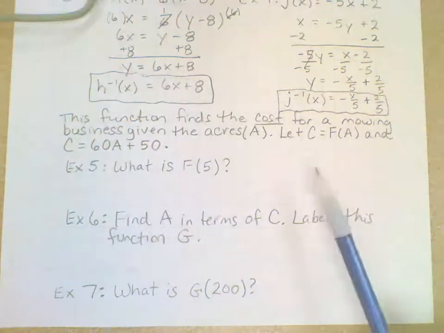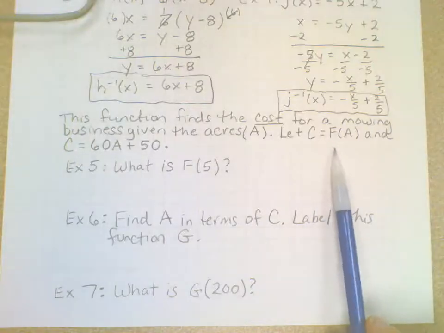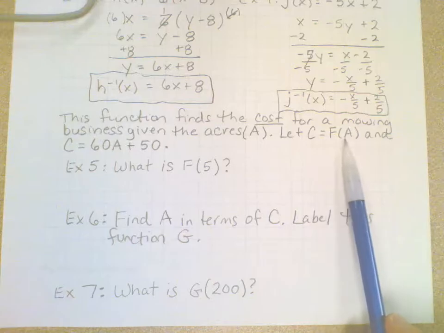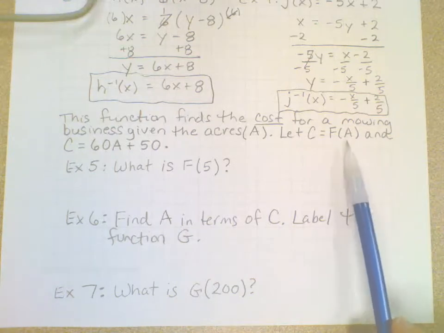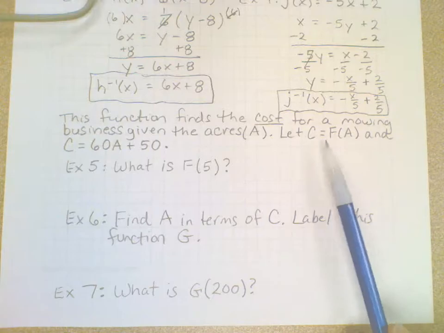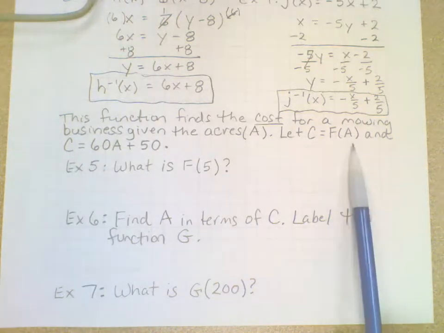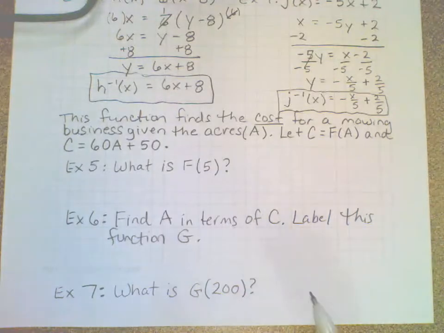So, not to get hung up in all the variables, they do like to assign the C, which is the total cost, equals f of a. That's a function f given the acres. But in the equation, you can see they're just using a and c. They're not going to put in that f of a notation, but just keep that in mind.